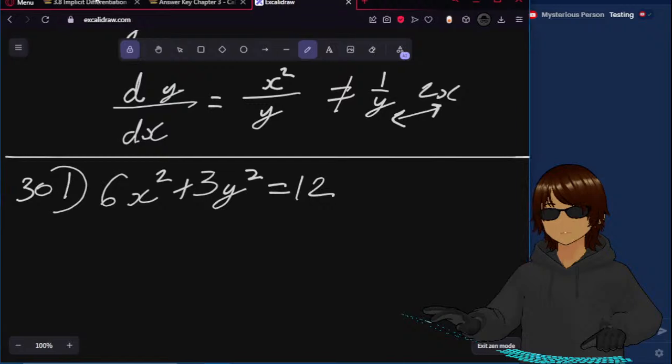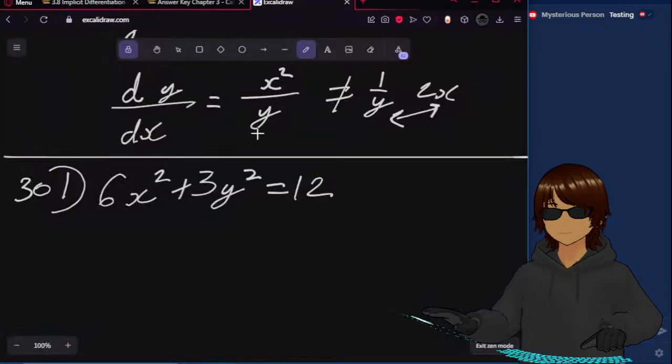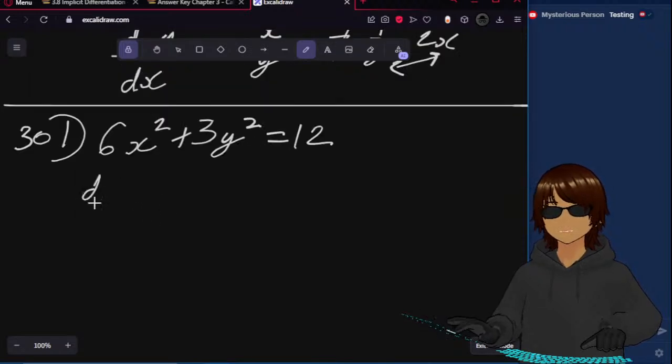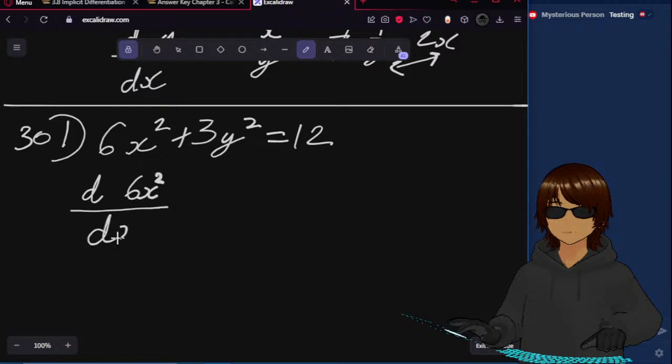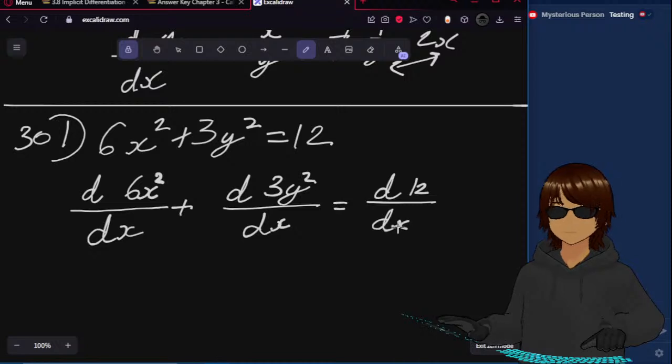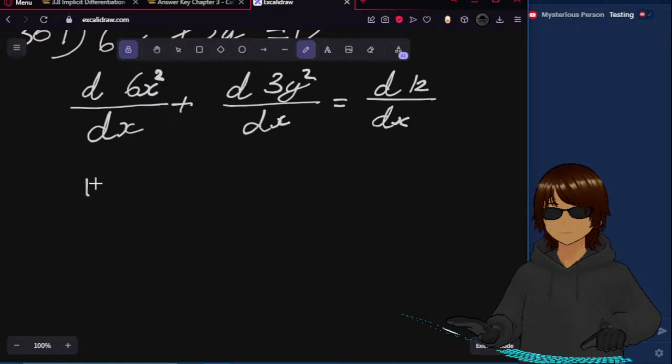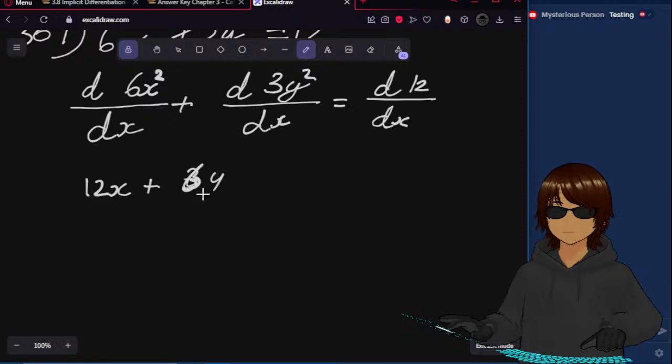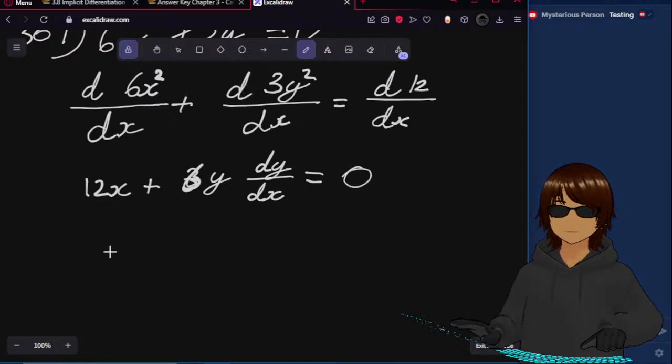Now differentiate both sides. 3 times 2. Derivative of the outside times the inside. Then 0.